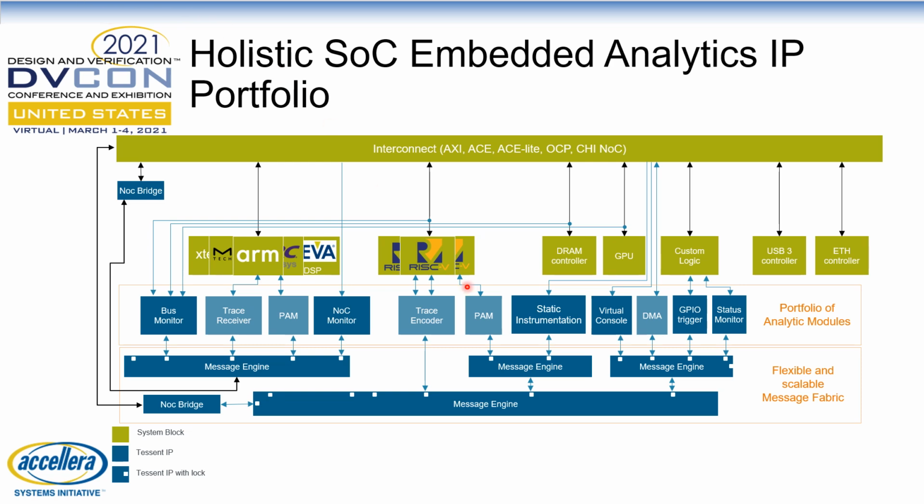The cross-triggering feature is quite interesting in that it allows us to build very flexible monitoring scenarios where, for example, you may be monitoring using this bus monitor in here to look for a particular memory access by a particular CPU, and when that is being observed, generate a cross trigger to, let's say, enable or disable a particular trace from a particular core in your design.